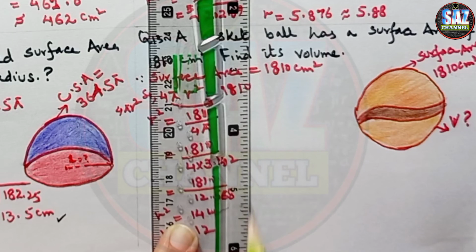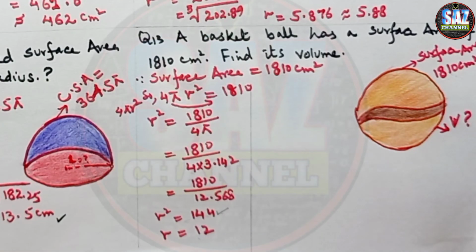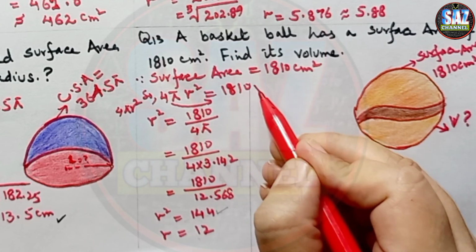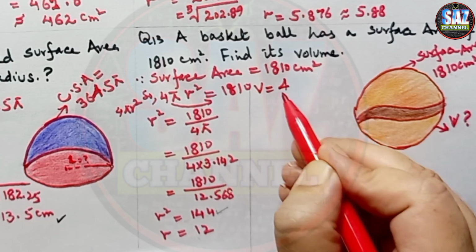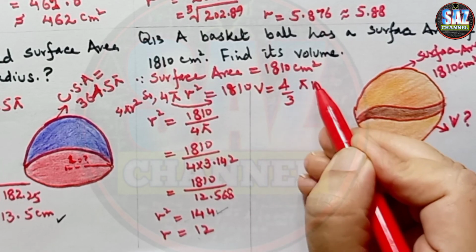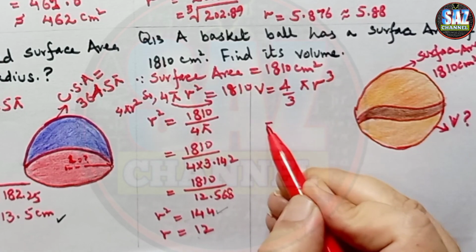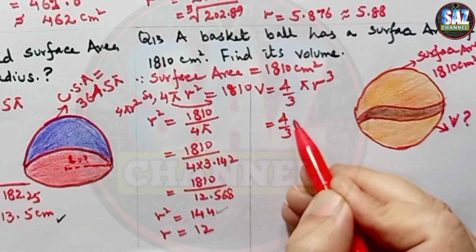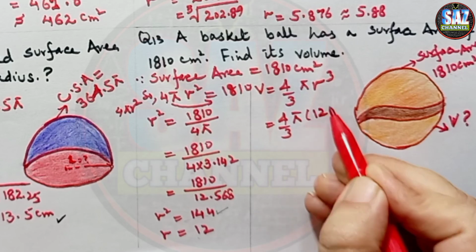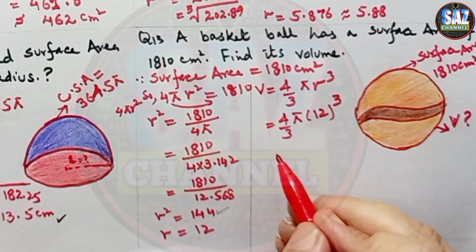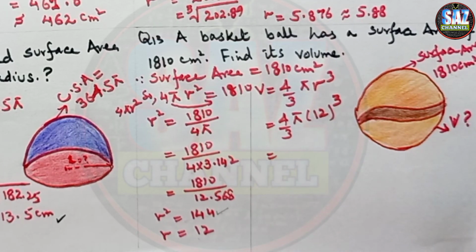So let's move towards the calculation of volume. Volume equals 4 by 3 pi r cube. 4 by 3 pi into 12 cube. Now I have to take the cube of 12: 12 multiplied by 12 multiplied by 12, which is 1728.